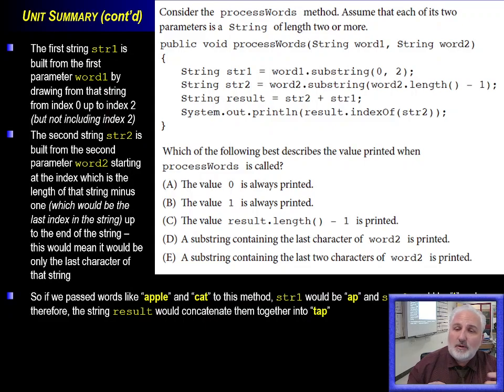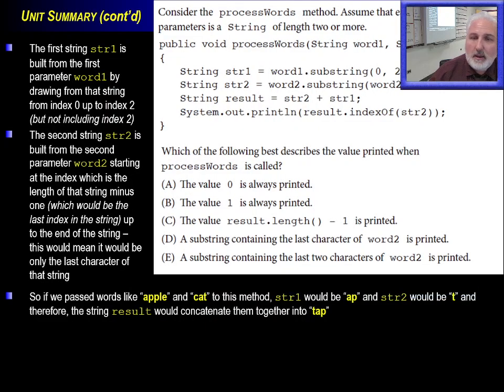So if we passed words like apple and cat to this method, str1 would be AP, just A and P, and str2 would just be T, the last character of that string. Therefore, the result would take the last character and concatenate it to 2 characters from the first string. So we'll be looking at a 3-character string, right? The first character would be from str2, and the last 2 characters would come from str1. Okay.